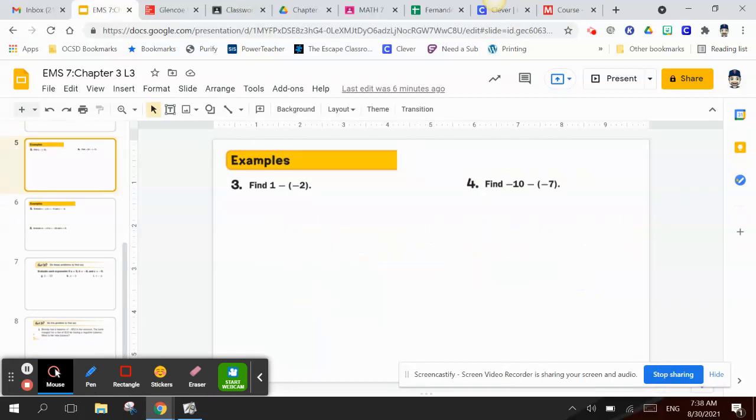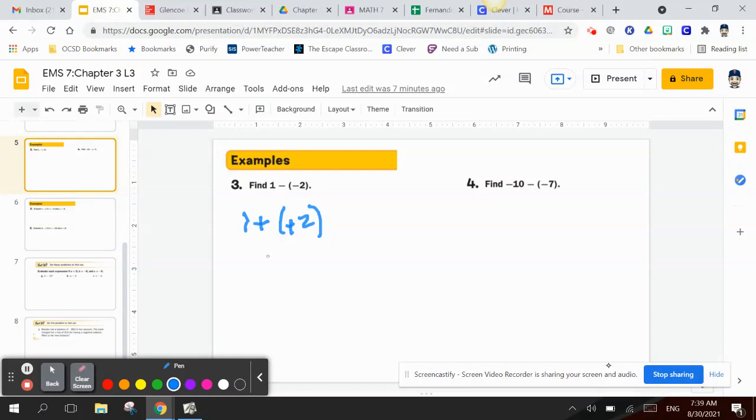So again, here we go with our subtraction. So when I subtract, because I have both of those, I'm going to have 2 negatives equal a positive. So when I have 1 minus a negative 2, 2 negatives next to each other make it a positive.